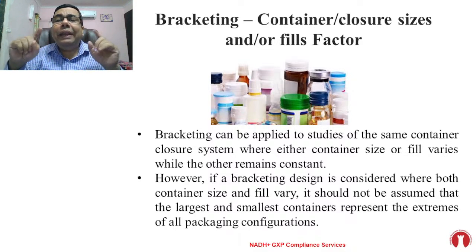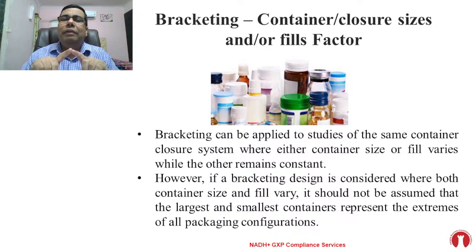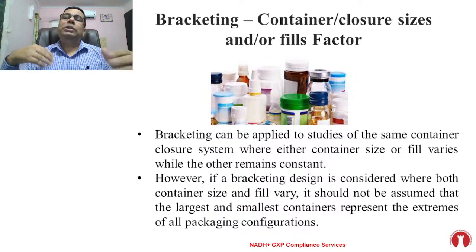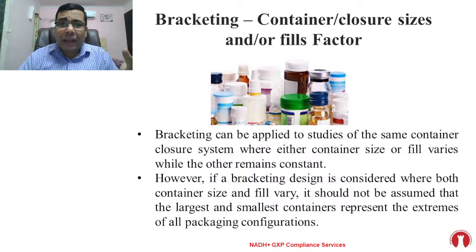If a bracketing design is considered where both container size and fill vary, it should not be assumed that the largest and smallest containers represent the extremes of the packaging configuration. So if the packaging components are different, you should not just assume that the largest and smallest containers will represent the extremes, because there are a lot of parameters when we are considering container closures, like free space or vapor permeabilities.